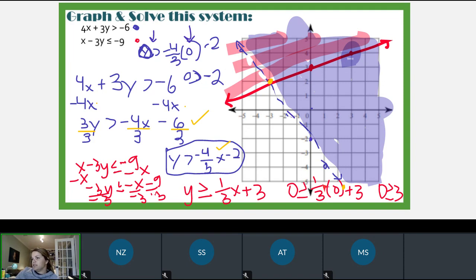And then I plugged in 0, 0 as a test point to get 0 is greater than 3. 0 is not greater than 3, so I shaded above the line. And then you can see where these overlap is in this yellow area. Okay, any questions about this?